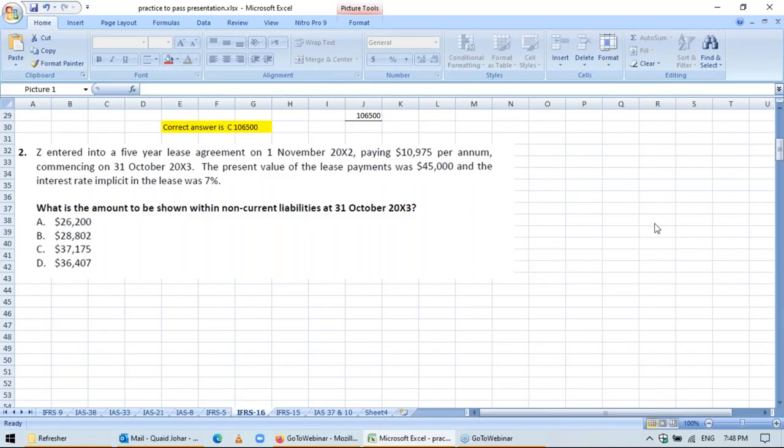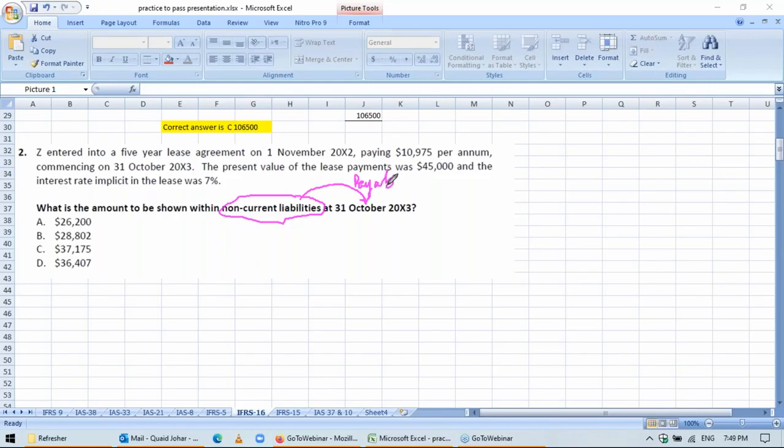Now, what are they asking? They are asking about the non-current liabilities. Non-current liabilities means amount payable after 12 months of this date. Current liability means payable within 12 months of the reporting date.